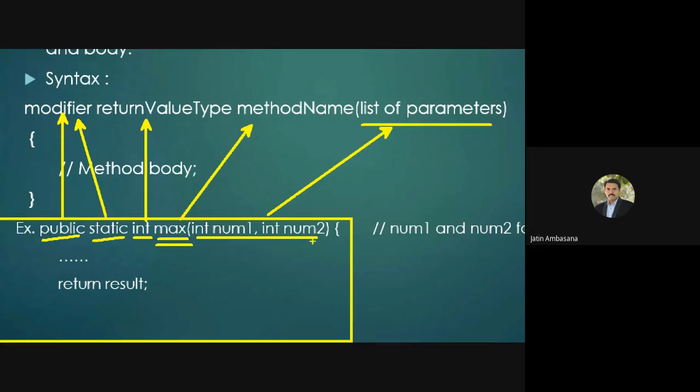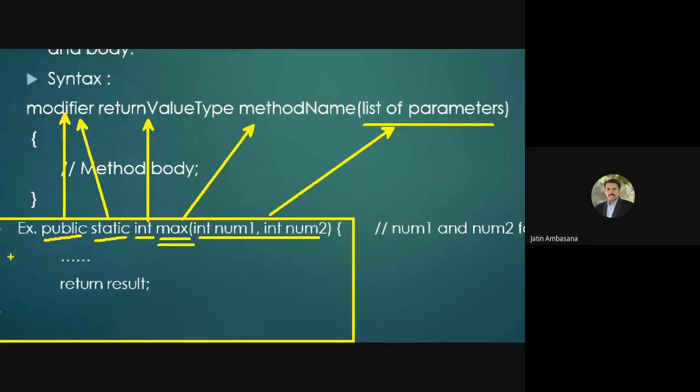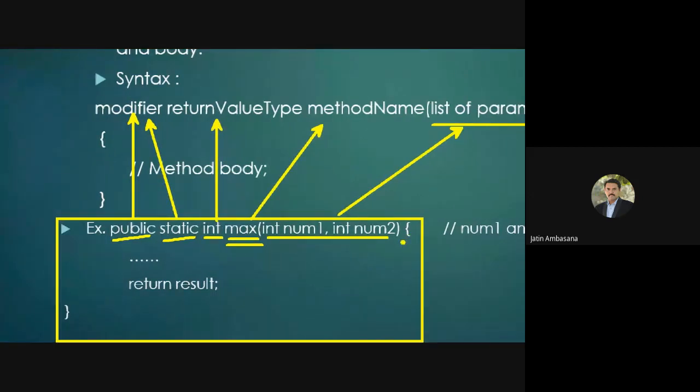The list of parameters has been declared with the data types, and from here the method body begins, and over here the method body ends. Here the body begins, and at this place the body ends.